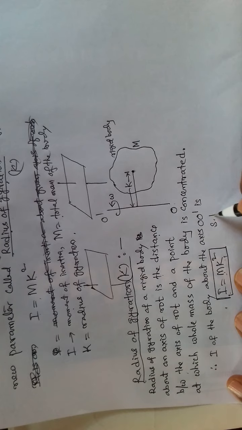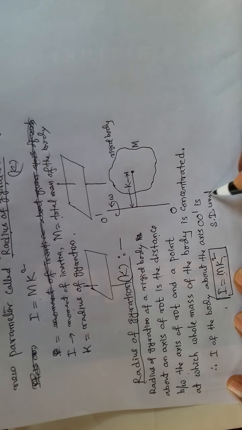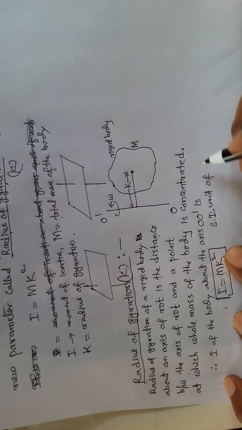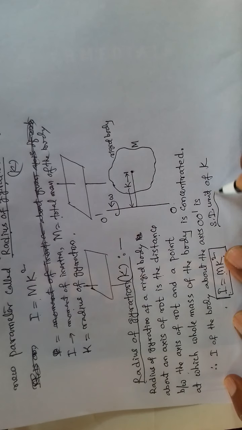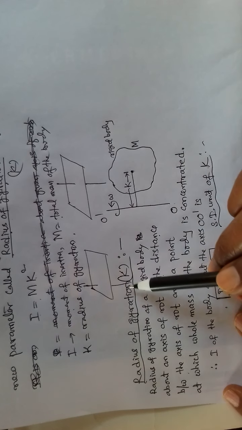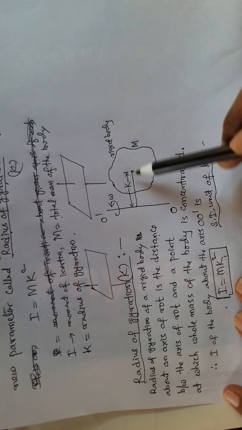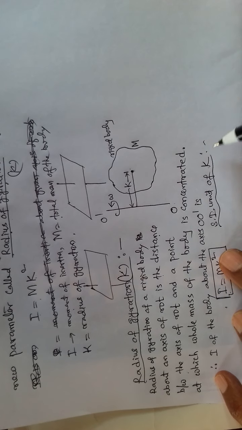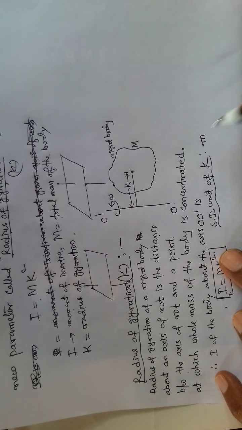Now its SI unit. The SI unit of radius of gyration: radius of gyration is nothing but a distance, therefore its SI unit is meter.